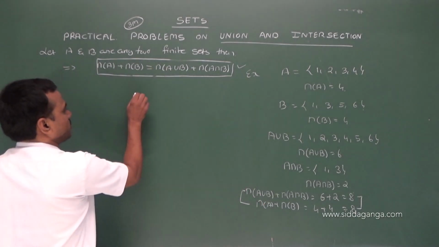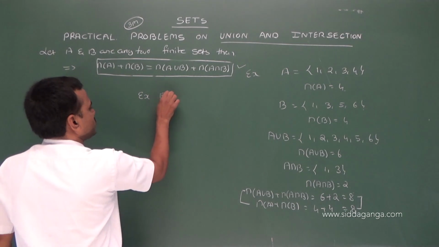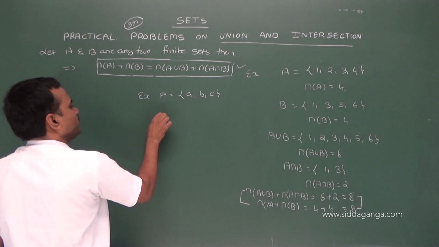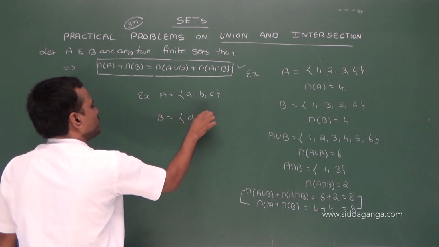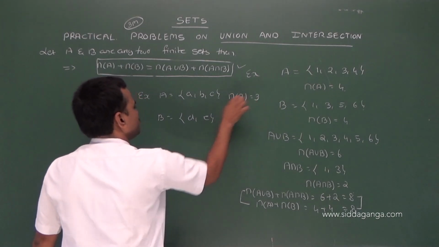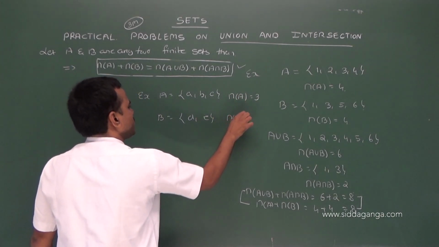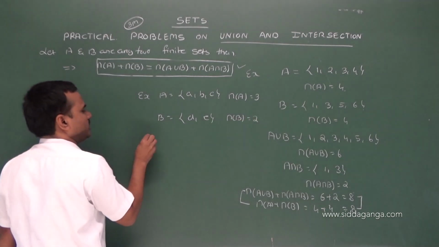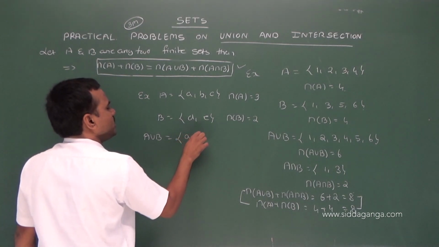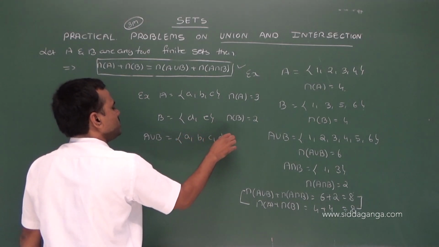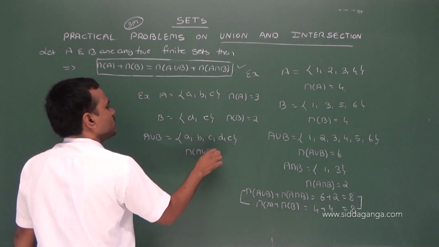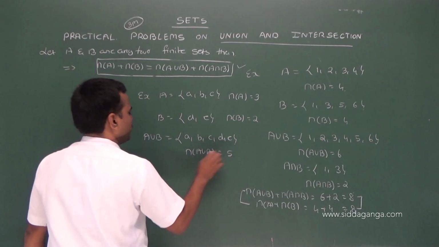I take one more example. A is equal to {a, b, c}, it contains three elements. B is equal to {d, e}. Here n of A is equal to 3. n of B is equal to 2. Then A union B is {a, b, c, d, e}. So n of A union B is 5.